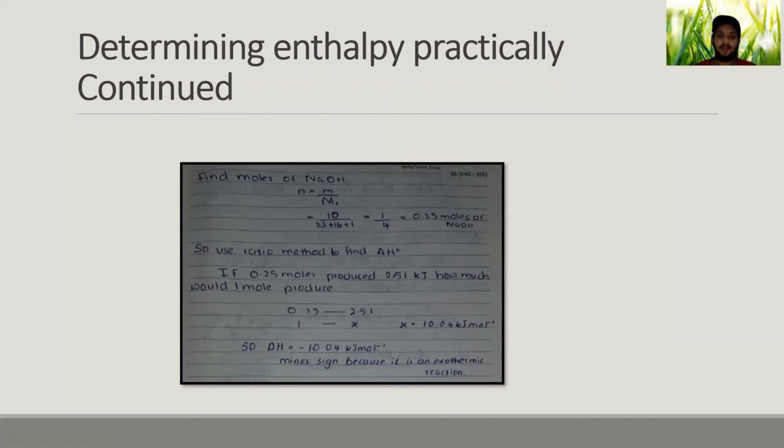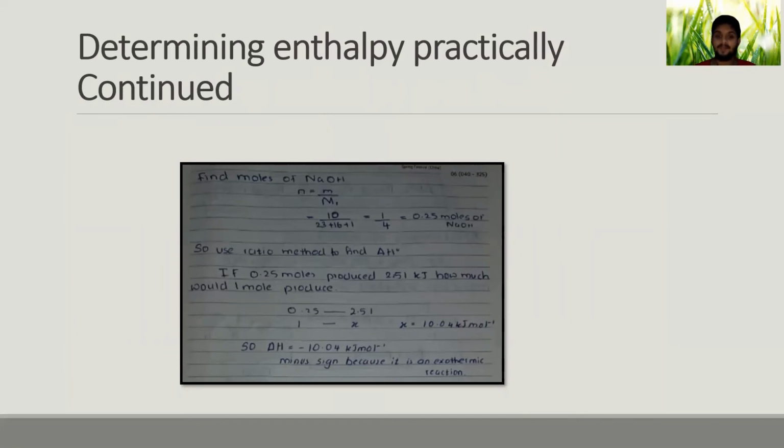Be very mindful that enthalpy change is always kilojoules per mole. For every mole, how many kilojoules are changing? That's what we want to know. We don't want to know for 0.25 or 0.5 moles how much energy change there is.